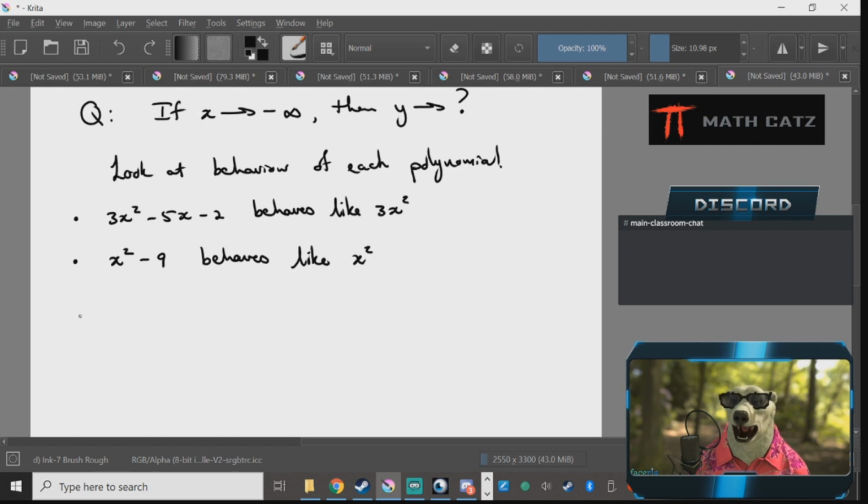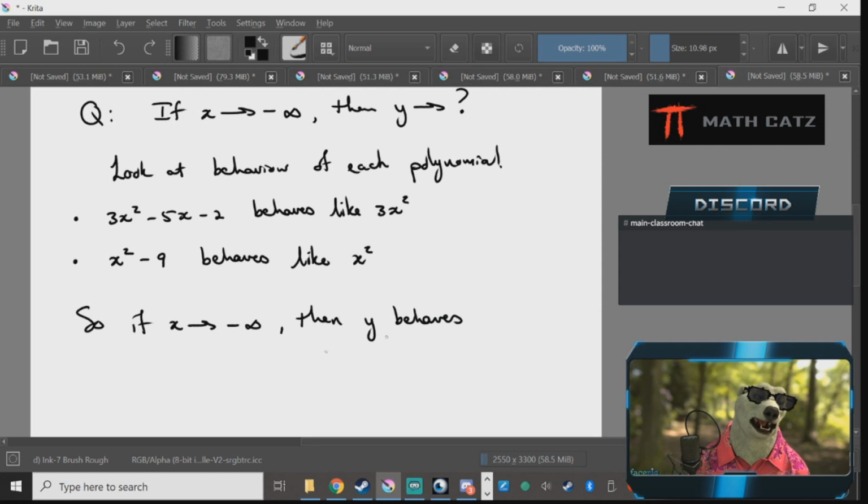So now that means, if x approaches negative infinity, then I'm going to write it in words, though the arrow is exactly the same. y behaves like, I'm going to put it over here, just so I have space, 3x squared over x squared.